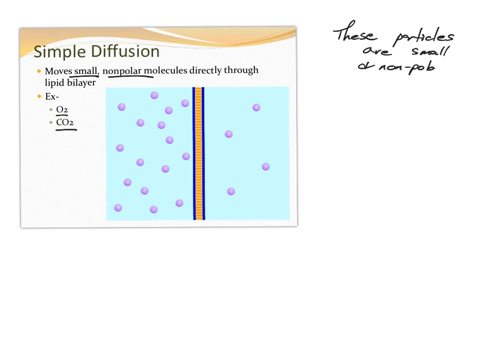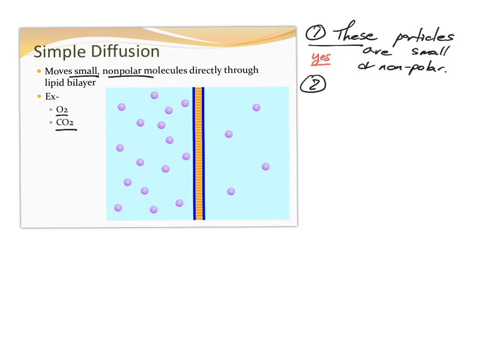That's our postulate number one. Somebody tells you this in a paragraph, or somehow you have to be able to identify if it's small and nonpolar. The second thing you have to ask is, does it cross the membrane then? If they're small and nonpolar? Yes, then they do cross the membrane, so we got that done.